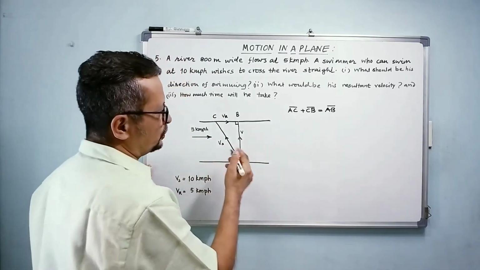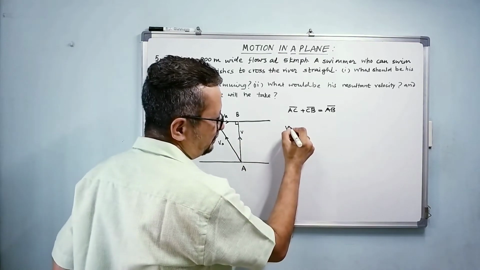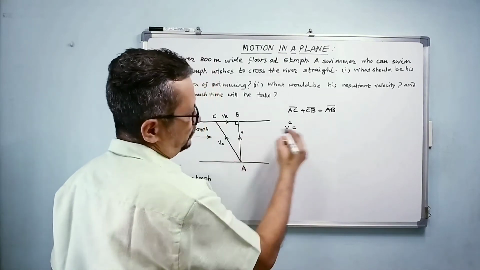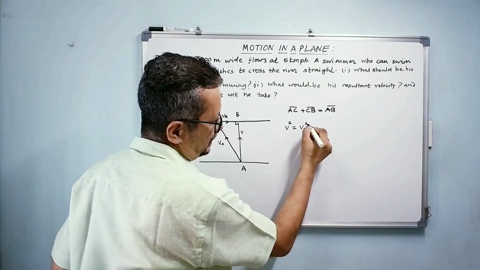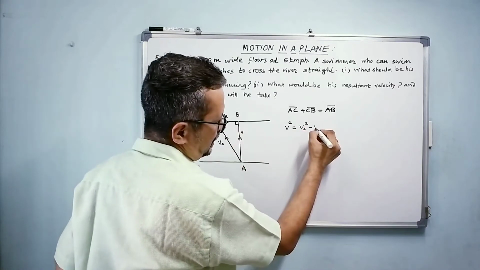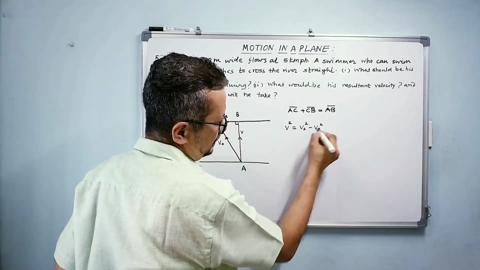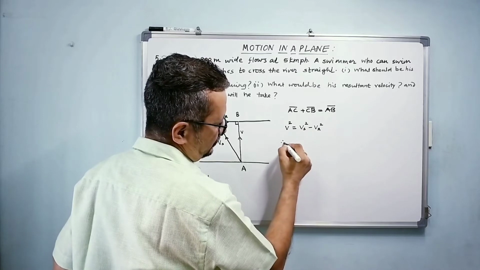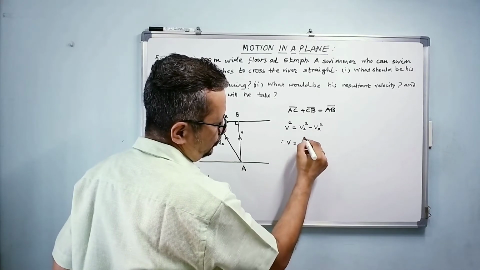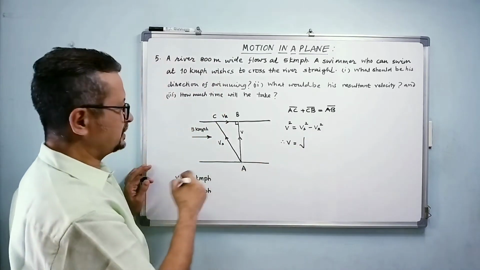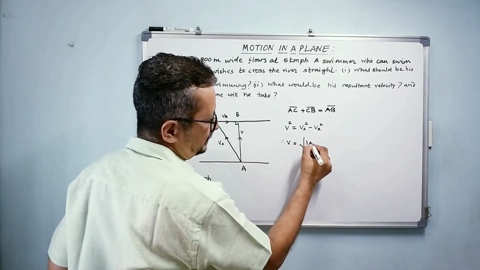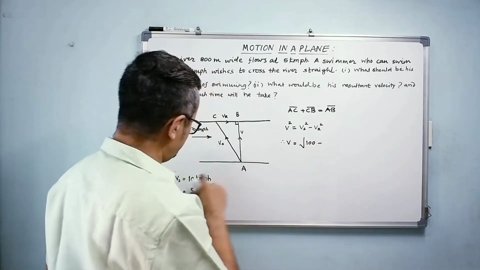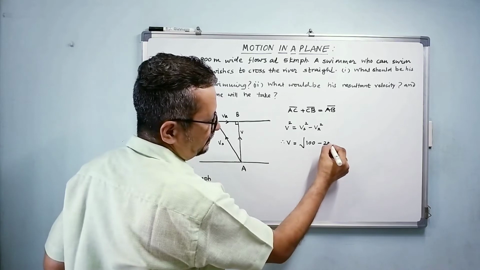So V square is equal to Vs square minus Vr square, and therefore V is going to be root over Vs square, which is 100, minus 25.